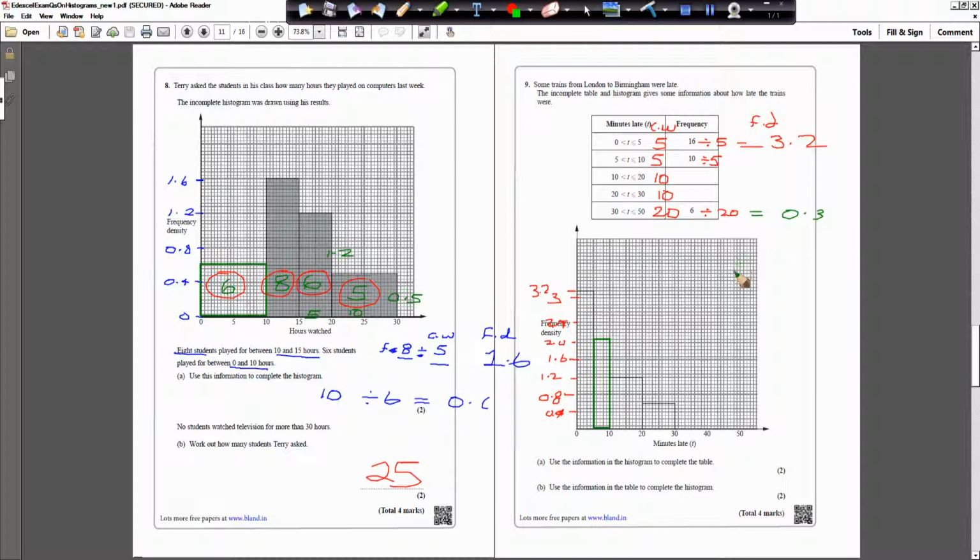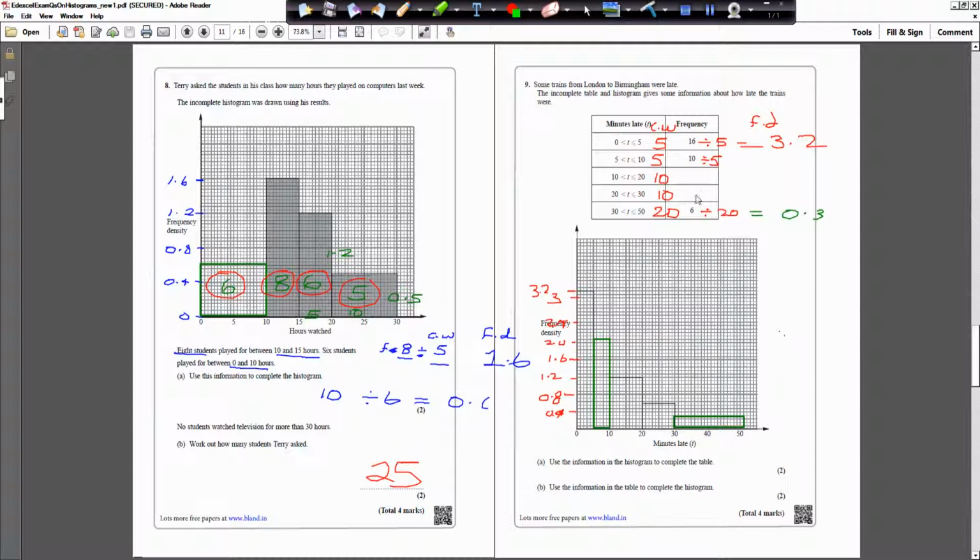It's just 0.3. So from 30 to 50 is 0.3, which should be about 4 squares up approximately. And that's the end of the drawing part.